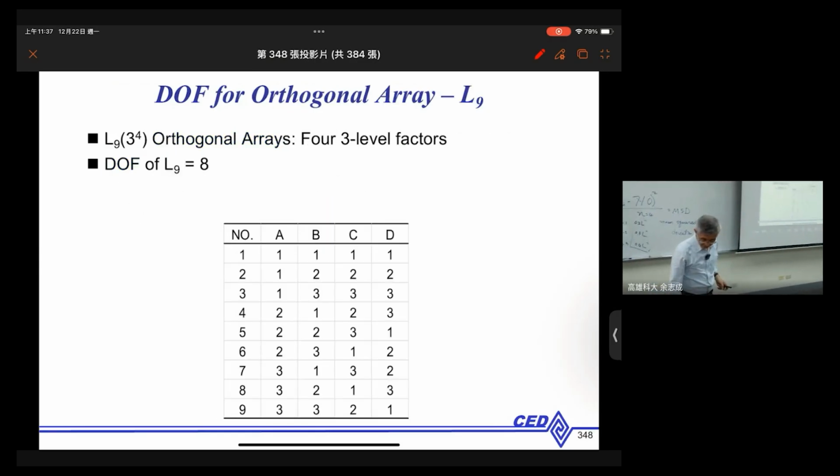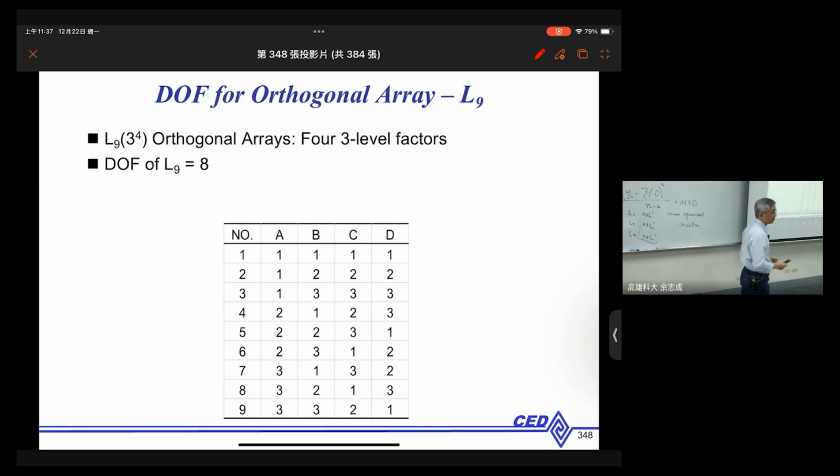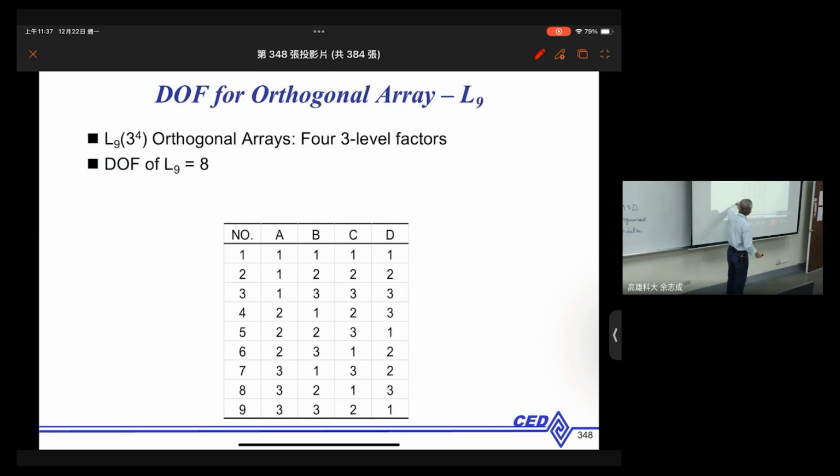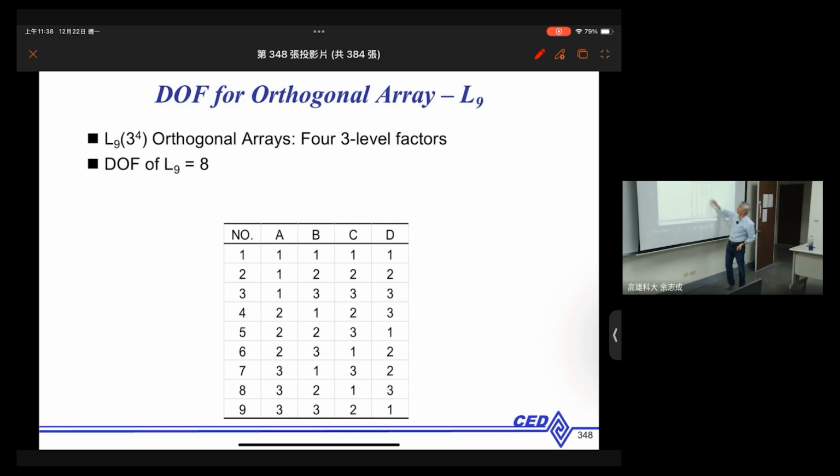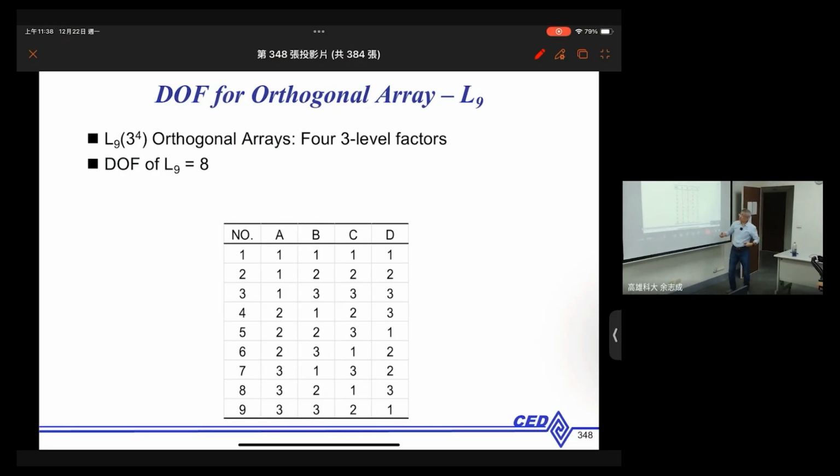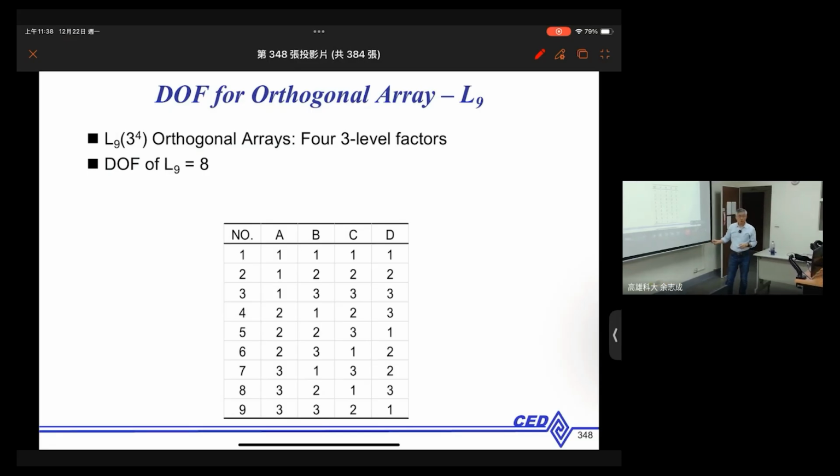Similarly, if you look at L9, right? L9 has 9 experiments, but L9 only has 4 columns. Why does it only have 4 columns? Why doesn't it have 5, 6, 7 more columns? Because each column can be arranged for 3-level factors. Therefore, each column will need 2 degrees of freedom.